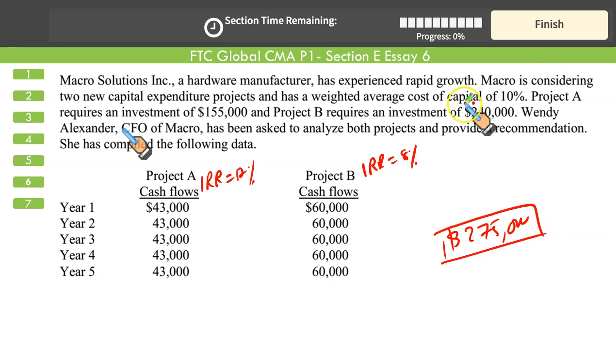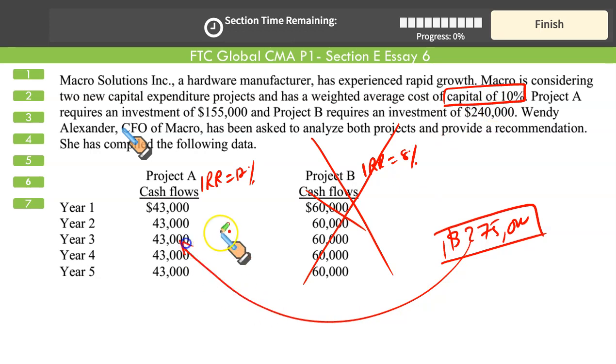First of all, the cost of capital is 10%. Project B is generating an 8% return, which means it is rejected straight away. Even if we have sufficient funds, we won't put money in project B because it is giving us 8% IRR, whereas the cost of capital is 10%. So we will inject this money in project A. Why? Because IRR is greater than the cost of capital. It will result in positive NPV.